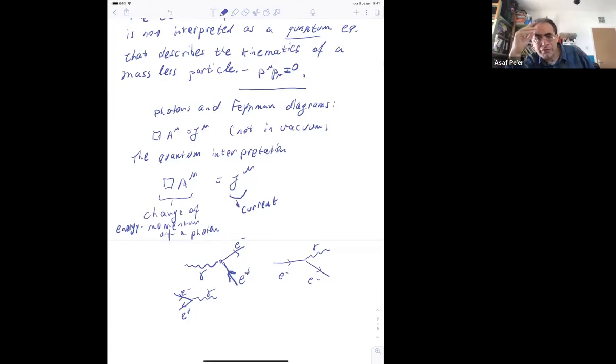Creation or destruction, or change of momentum, of a photon can happen only when we have currents involved.